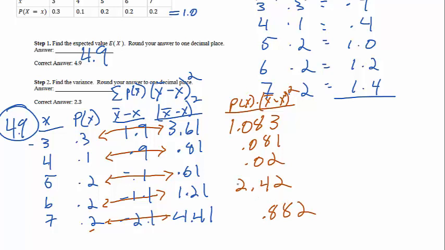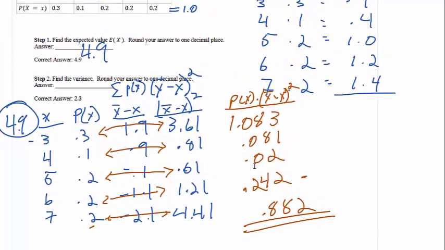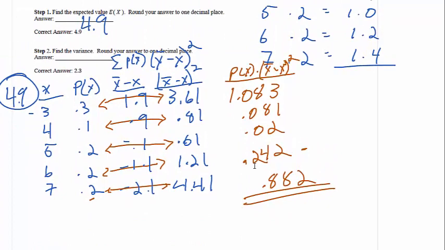This one's not right. Let's do this again. 1.21 times 0.2 is 0.242. The decimal was in the wrong place here. And if I add all these up, I get 1.083 plus 0.081 plus 0.02 plus 0.242 plus 0.882 equals 2.308.